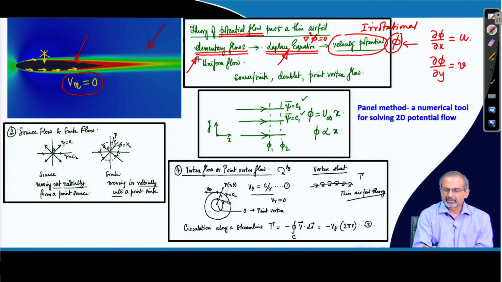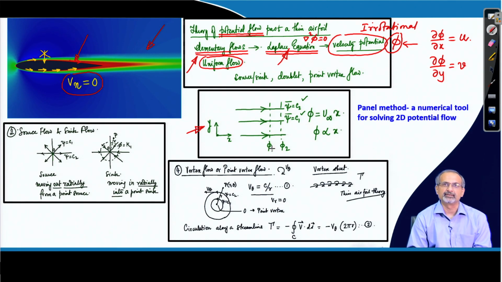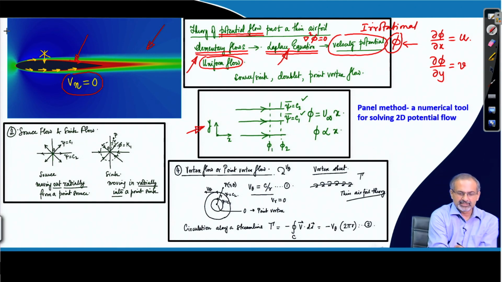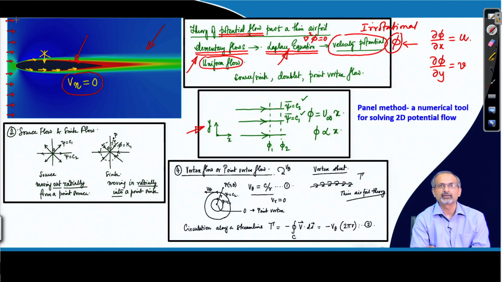Going back to the elementary flows that we learnt about as solutions of the Laplace equation, we remember having come across uniform flow as one of the solutions. So, this was the first elementary flow that we learnt, and we see its application here when the Navier-Stokes equation is being solved as well. Remember, it is not to be confused that uniform flow can occur only in potential flow. Uniform flow can occur in viscous flows as well.